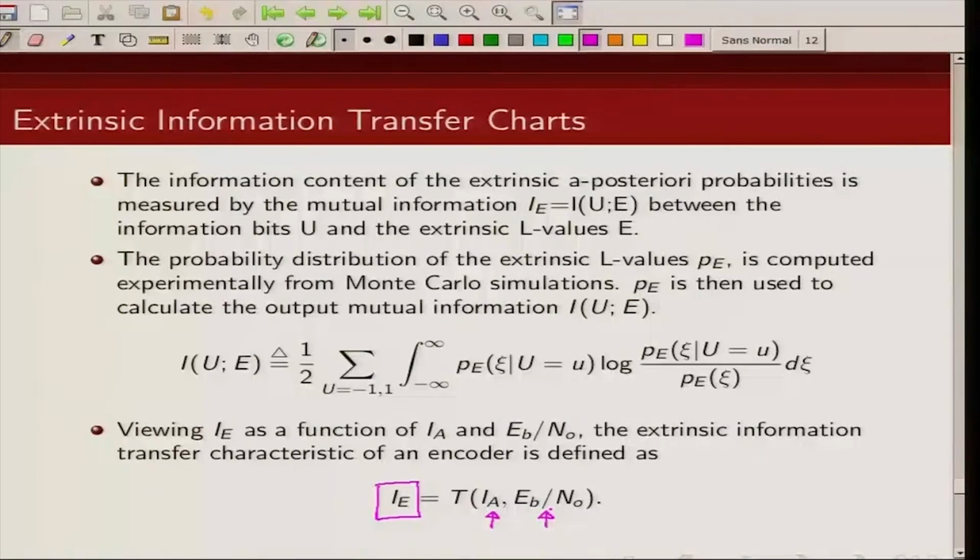So, this was the transfer function which was considered in this extrinsic information chart, that viewing the output mutual information between the extrinsic information and the information bit as a function of mutual information between the a priori and the information bits and signal to noise ratio.